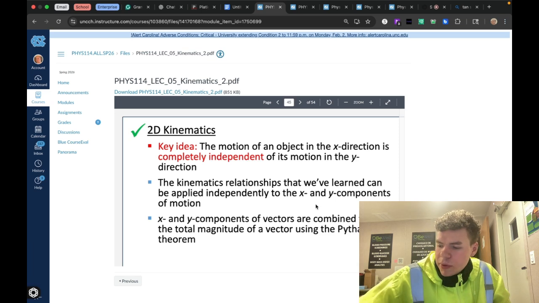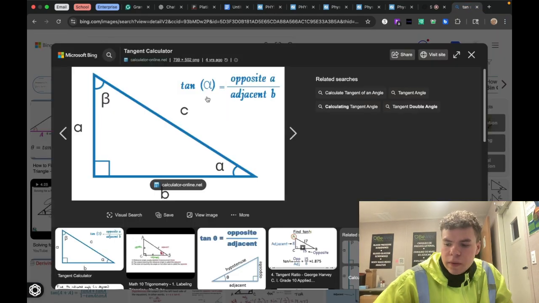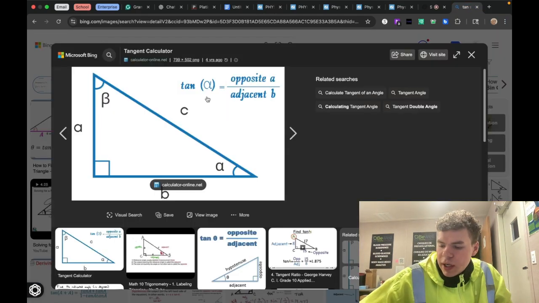And just remember, the Pythagorean theorem is a squared plus b squared equals c squared. And then inverse tangent of opposite divided by adjacent is equal to the angle that you're looking for.